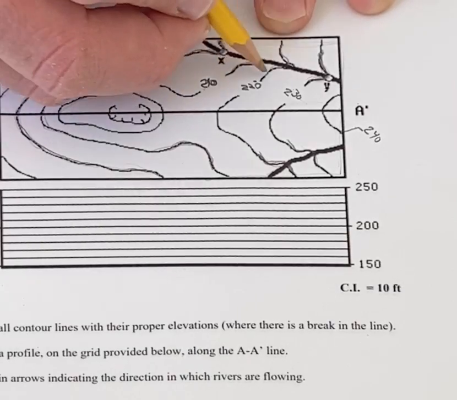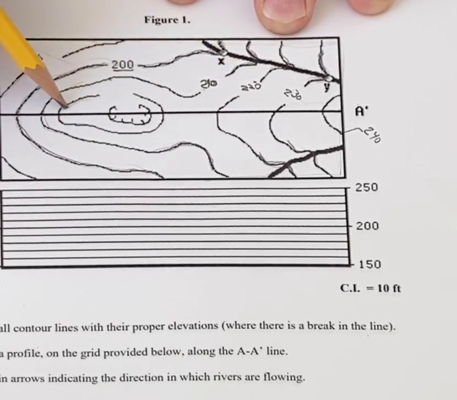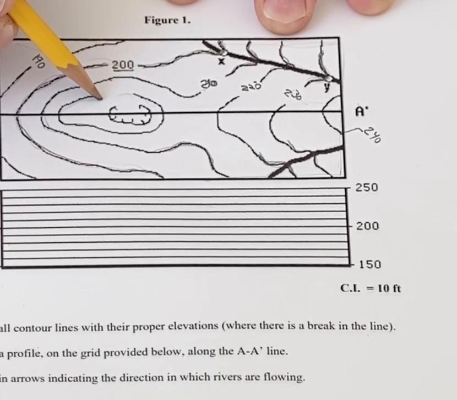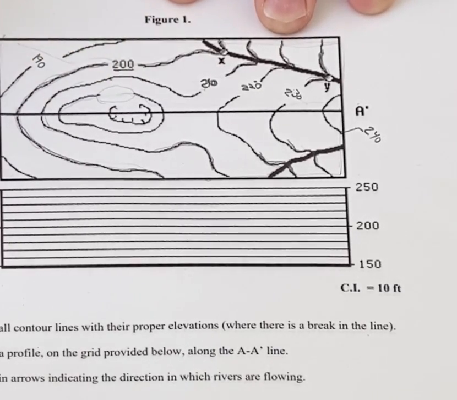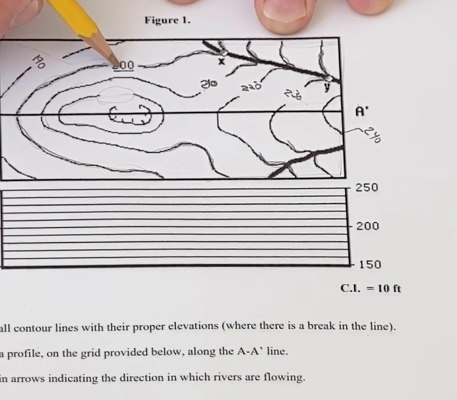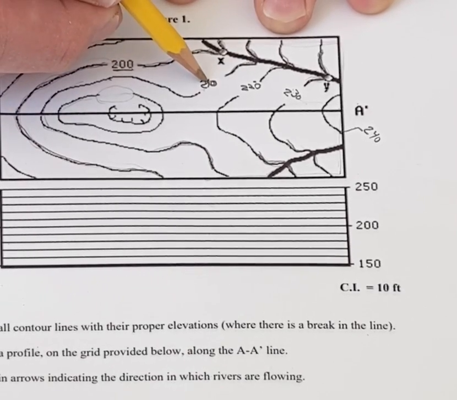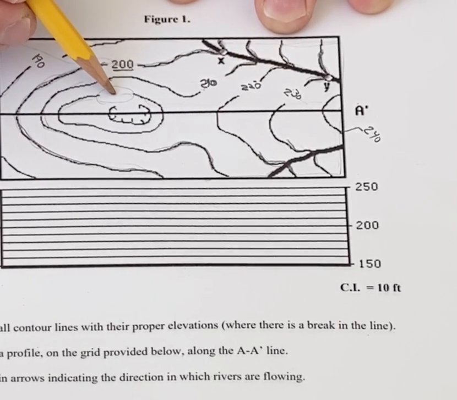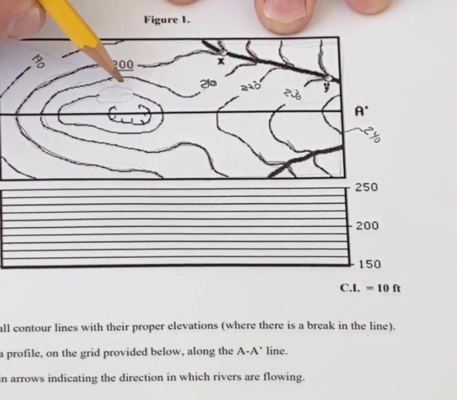So we have these labeled. We have one last one to label. It's right here. So if this is 200, this is 210, and this is 220. Is this 210?